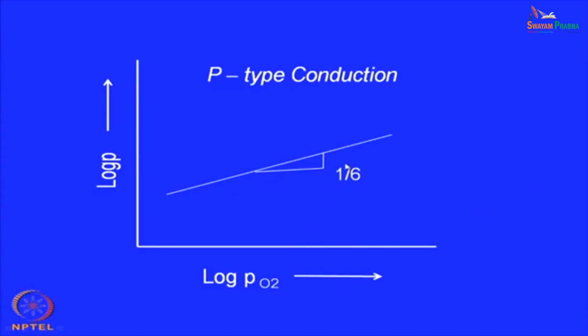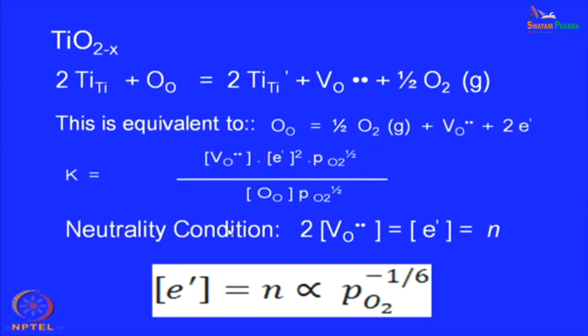You will get a positive slope of 1/6, and as a rule whenever there is a positive slope you will get a P type conductivity. So, this is P type conduction and of course this slope may change, sometimes it is 1/6, sometimes it is 1/4, sometimes it is 1/8 and so on, but positive means it is P type, as the log concentration of the different defects increases as PO2 increases, which indicates that it may be a P type semiconductor.